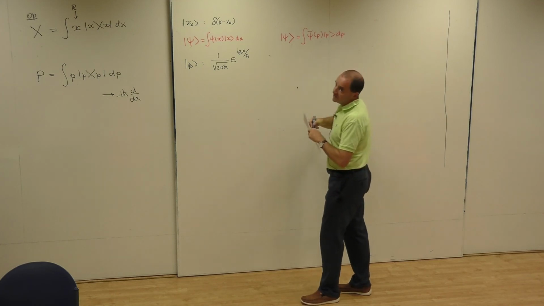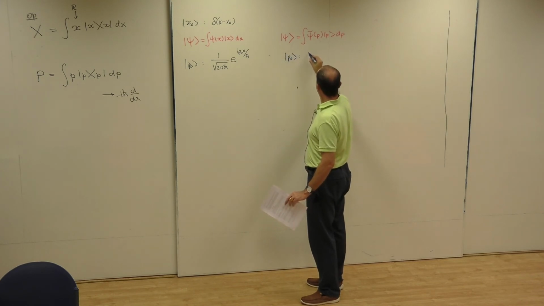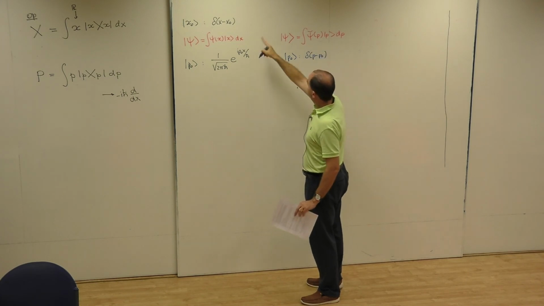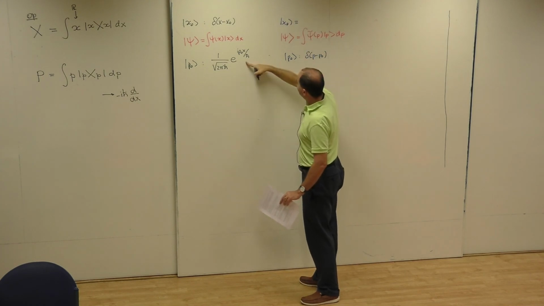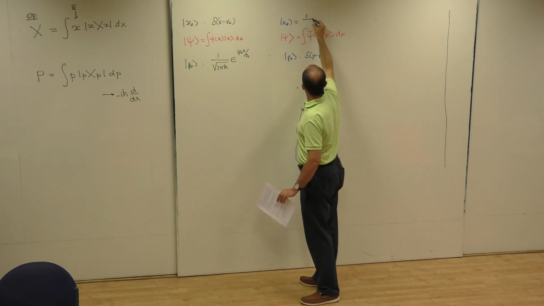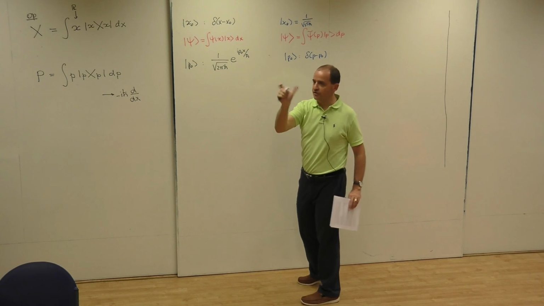Now what would I get? Well, I don't think it takes a genius to understand that in this case the wave function associated to p0 would be delta of p minus p0, and that the wave function associated to position x0 would be something like that, same coefficient, but with a minus sign. The minus signs come from the commutator relation.